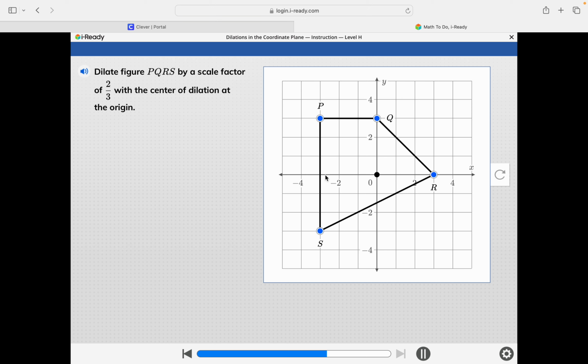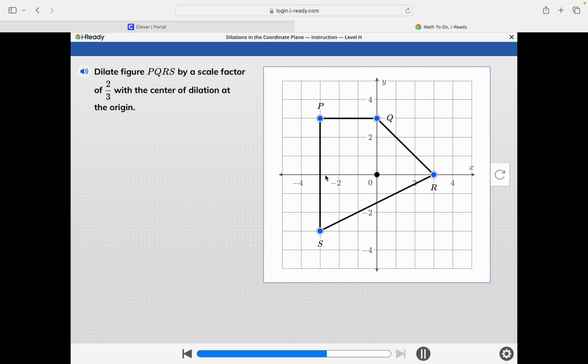You want to do the Q? And then I'll do the R and then you can do S. Okay, Q. I will write the Q. Where is the Q, Subani? Q is on 0 and go up 3. Now make a Q prime. We have to times by 2/3. 0 times 2/3 is 0.